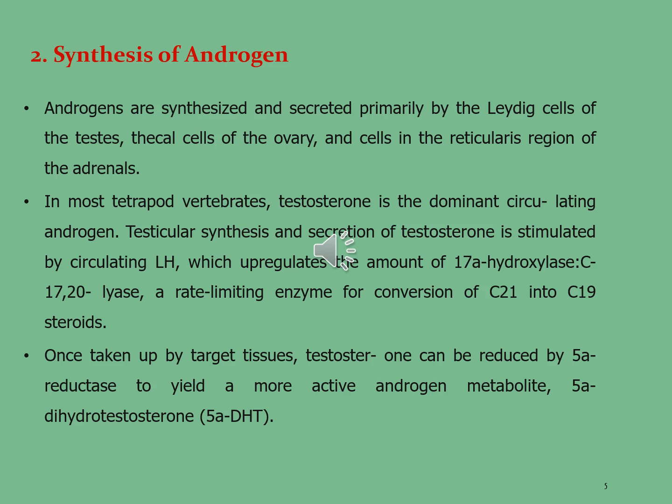Once taken up by target tissues, testosterone can be reduced by 5-alpha reductase to yield a more active androgen metabolite, 5-alpha dihydrotestosterone, generally represented as 5-alpha DHT.